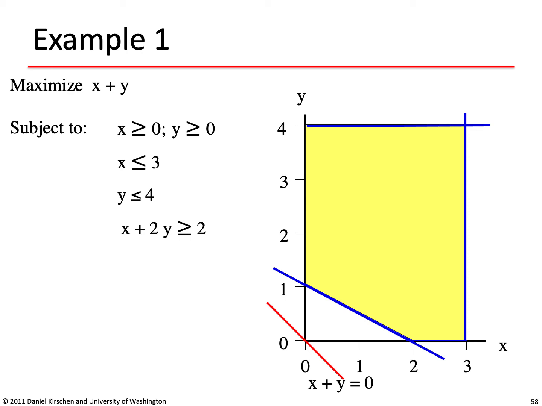The fundamental property of linear programming is that the optimal solution is going to be at one of the vertices of the feasible set, or one of the corners of this yellow form that we have on this slide. And what we have to find is a value of x plus y that is maximum, but still in this feasible set, or we have to find the vertex of this feasible set where x plus y is maximum.